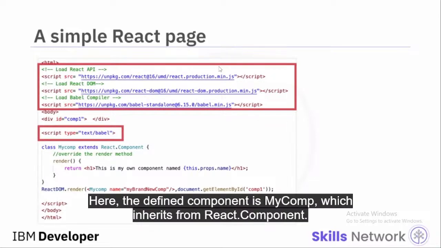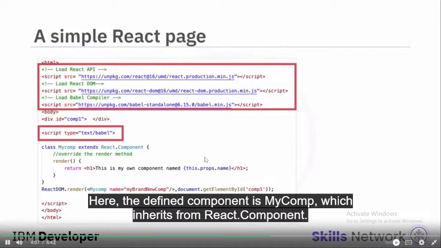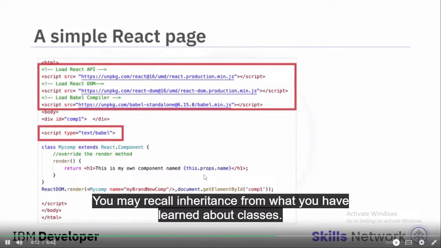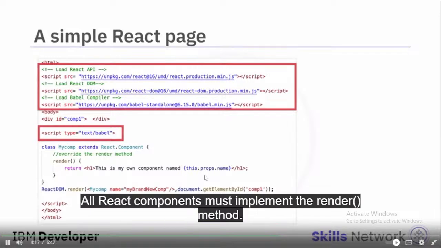Here the defined component is myComp, which inherits from React.Component. You may recall inheritance from what you have learned about classes. All React components must implement the render method.